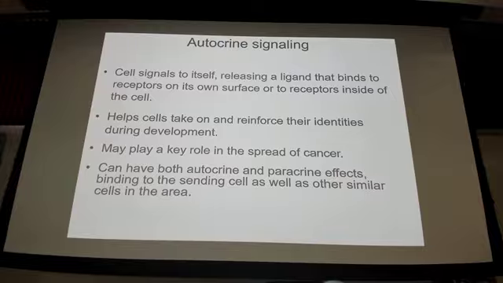This is one way that cancer cells function, because they will release molecules that bind to cancer cells and also bind to neighboring cells. That's one way that cancer cells propagate so quickly sometimes. And so autocrine signaling can also have paracrine components as well. Any questions?